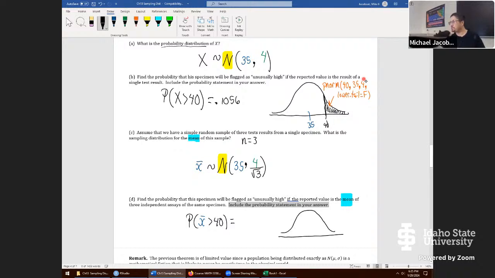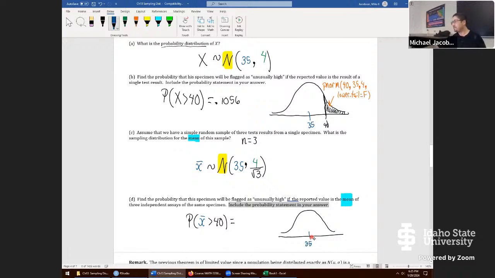Here's my very flat normal distribution. It's still centered at 35, but the shape of this curve is different than this one because of this right here. The spread has gone down by a substantial amount. We're still putting 40 somewhere, but you know what? 40 is probably going to be further to the right because it became less spread out.